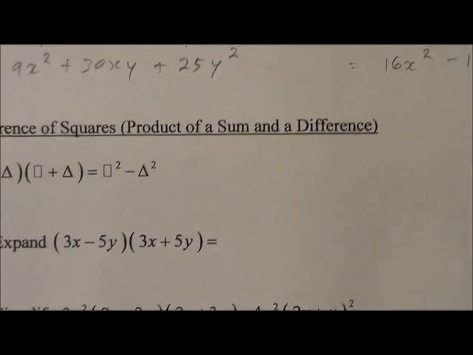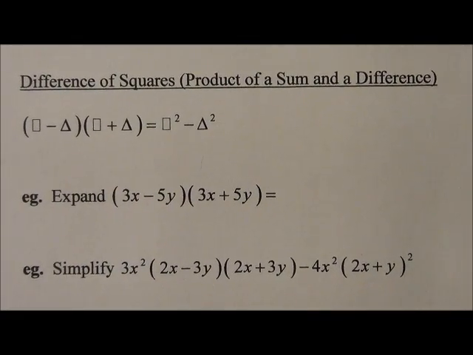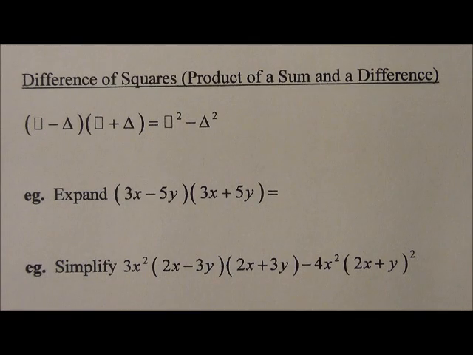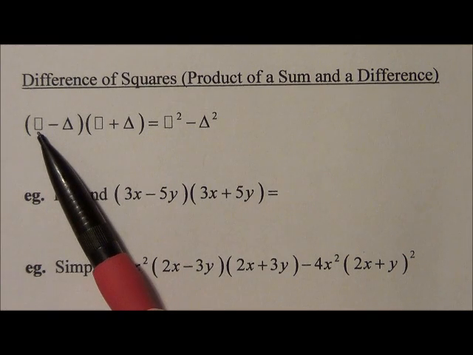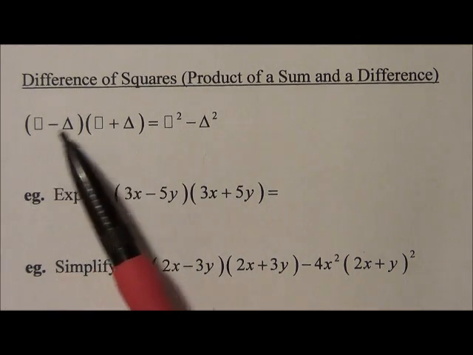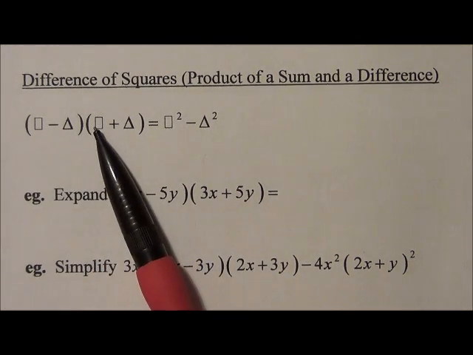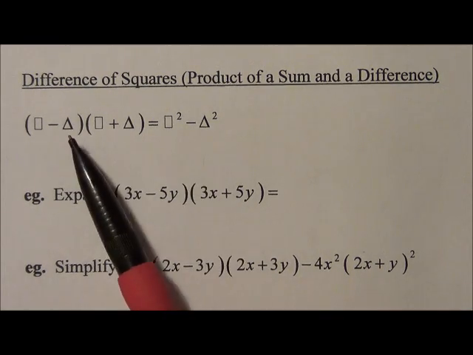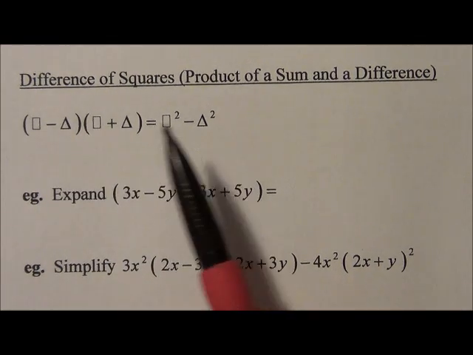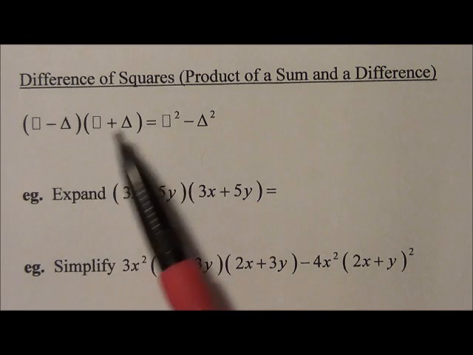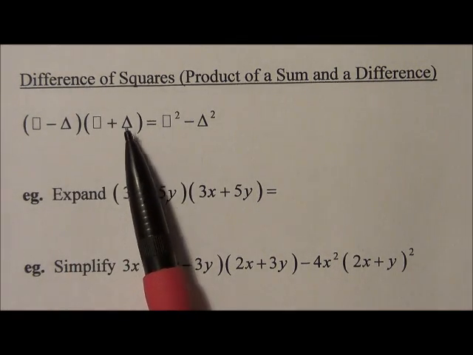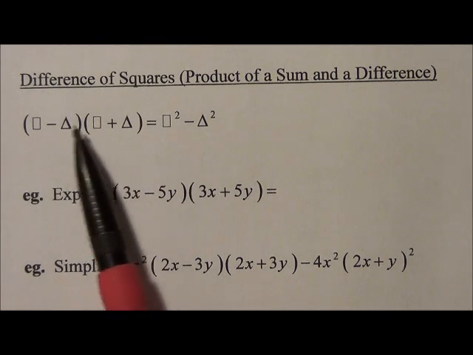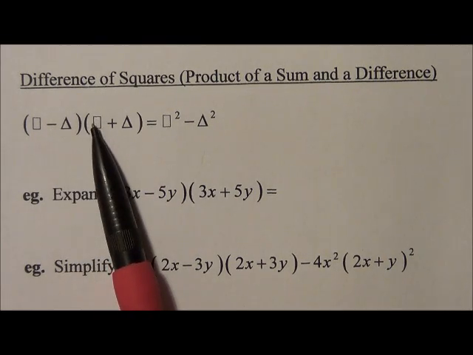And now if we look at expanding differences of squares, or sums and products, if you were to expand this out, we get the first term times, because that's repeated, it'll just be that first term squared. It'll be the last term squared, and then if you were to use the distributive property, the first term times the second term minus the second term times the first term.